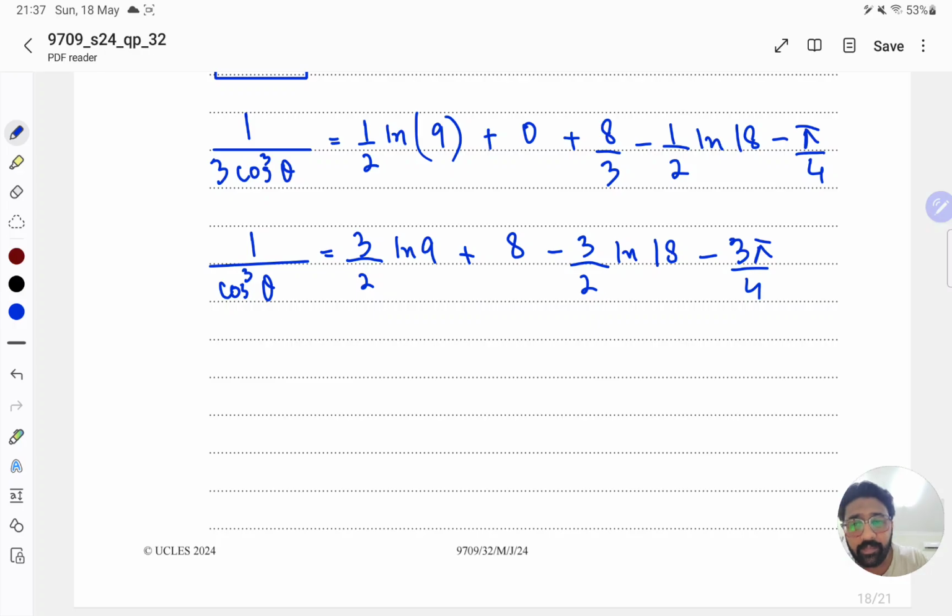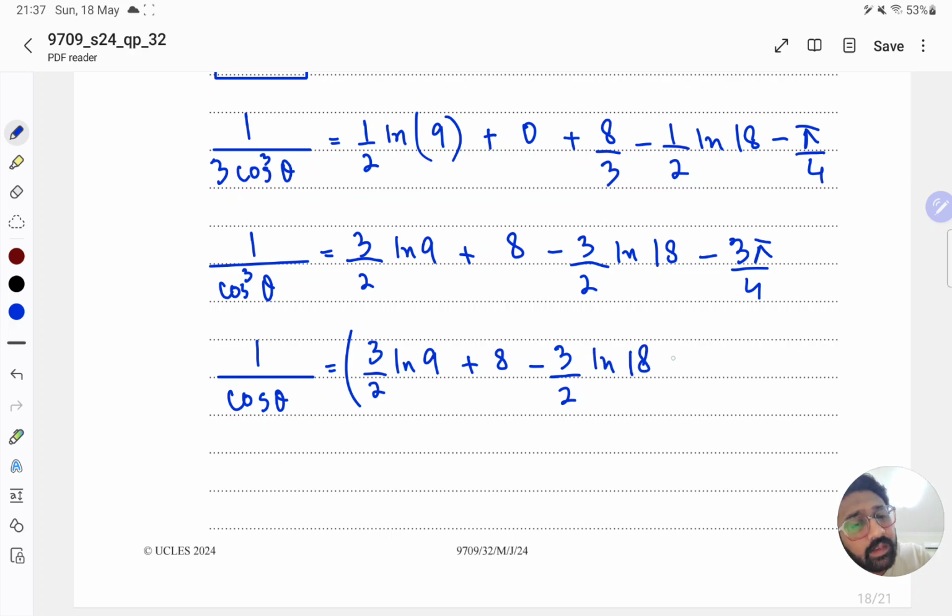Now we'll change the sides. First of all, what we can do is we can take the cube root on both sides. So I'll be left with 1 over cos theta, which will be equal to 3 over 2 ln 9 plus 8 minus 3 over 2 ln 18 minus 3 pi by 4, whole power 1 by 3.